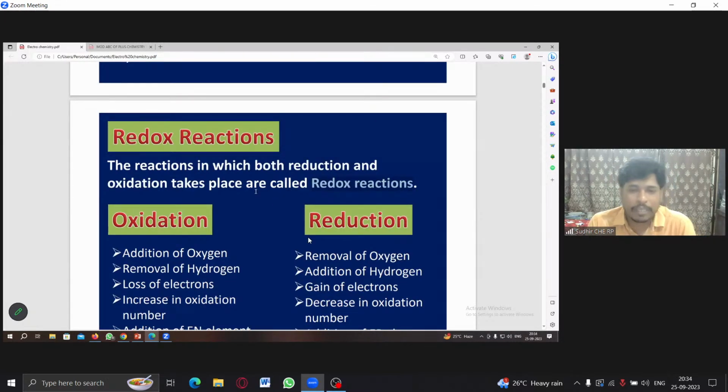Here you need to understand one important thing. In the statement itself, both oxidation and reduction take place simultaneously. That means, can I say like this? In any redox reaction, if one reactant is undergoing oxidation, then definitely another reactant must undergo reduction. Can I say that? Yes, sir.